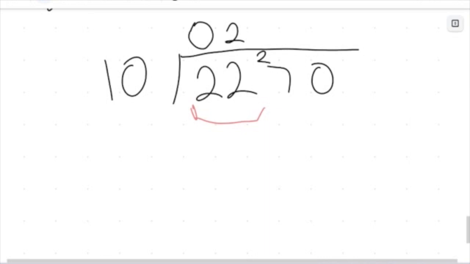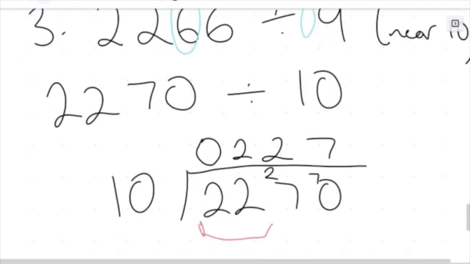Well, it goes in there another 2 times with a remainder of 7. So the difference between 20 and 27 is 7. So that number is going to go up here. And then I'm finding finally how many times does 10 go into 70. If you remember our 10 times tables, 10 goes into 70 7 times.